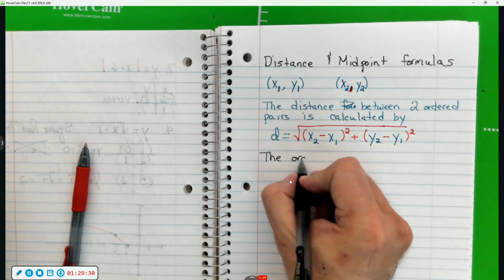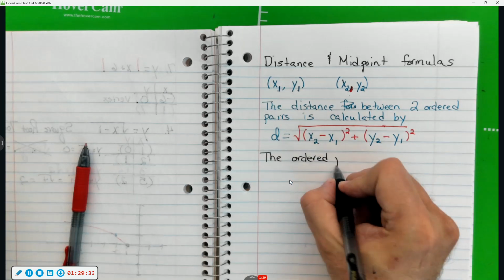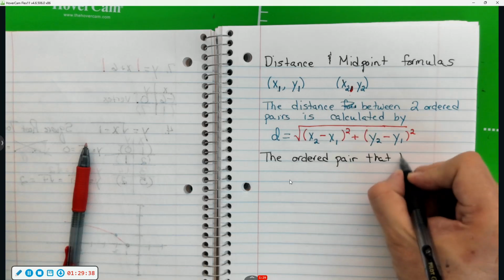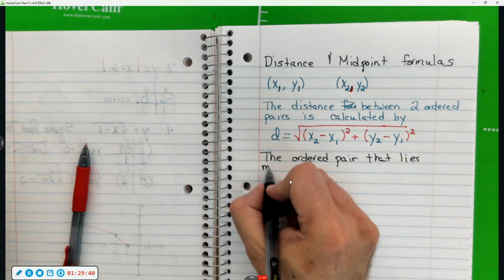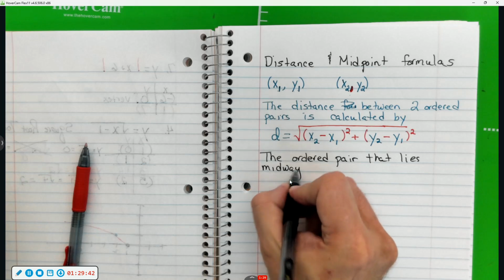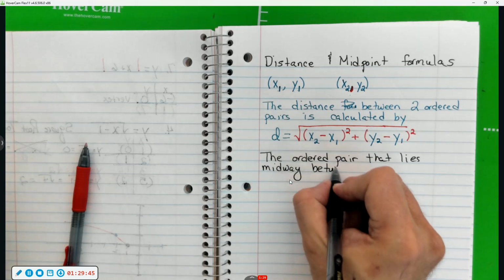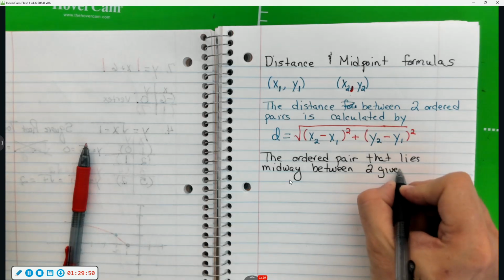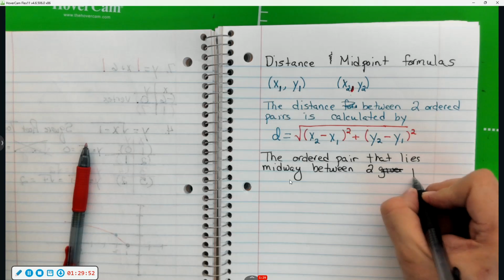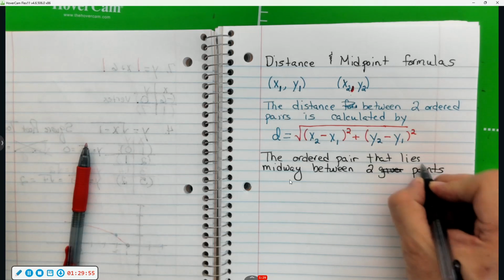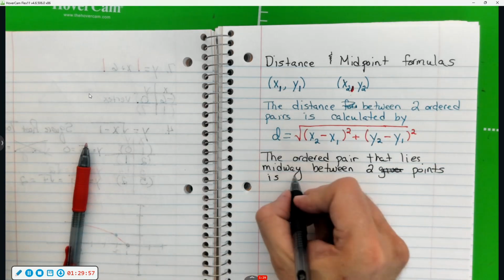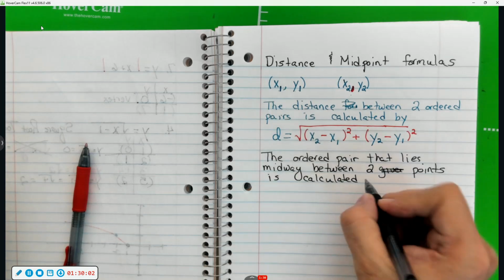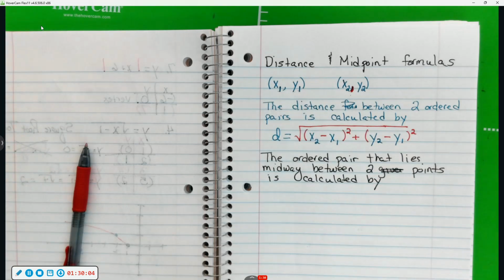The ordered pair that lies midway between 2 points is calculated by, y'all know what an average is.